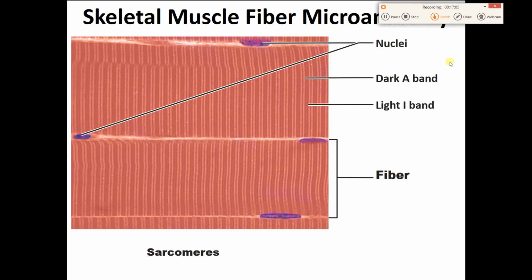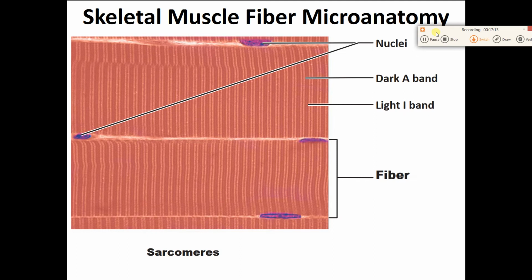There is more. If we look at our skeletal muscle fiber under the microscope, we can see the beautiful nuclei again. We can see the striations as well. So notice how there's like a darker, lighter, darker, lighter, darker, lighter.